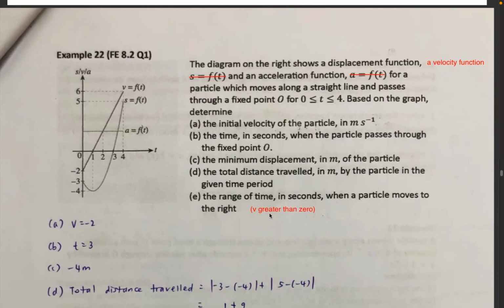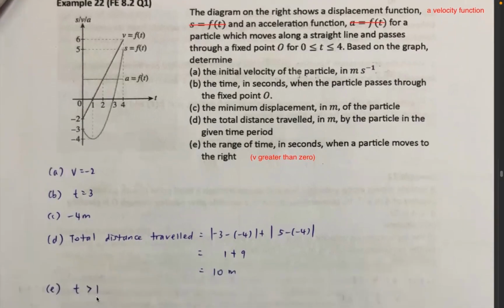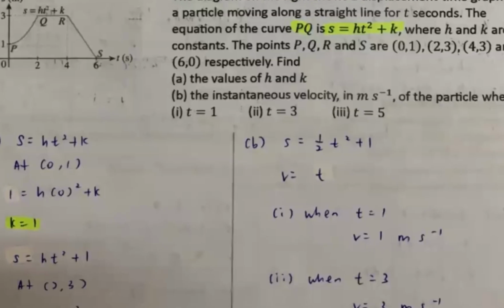And we want velocity greater than 0, meaning y coordinate greater than 0. When the y coordinate is greater than 0, the graph is above the x-axis. So we are choosing this part of the graph. And when we read the range of time, it is t greater than 1. So we have answer t is greater than 1.